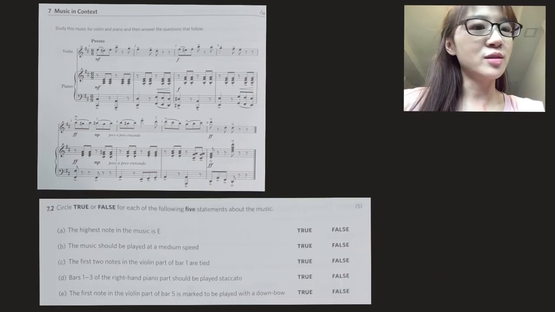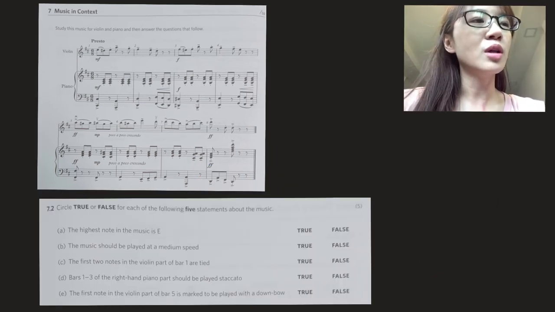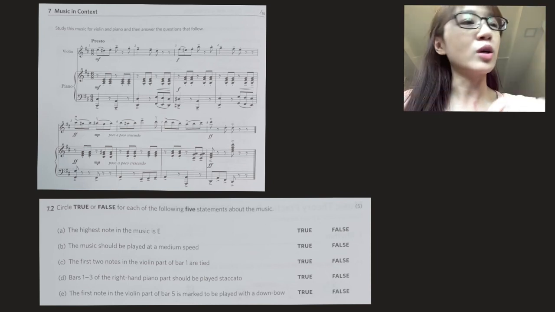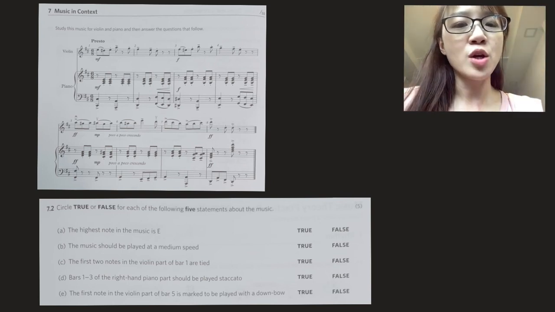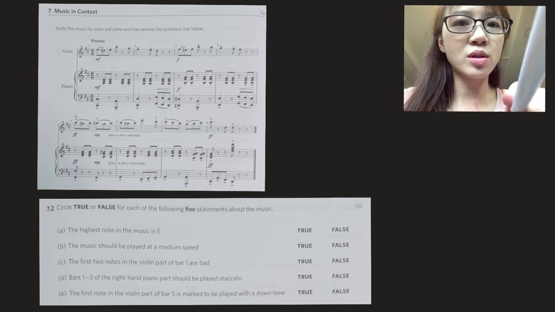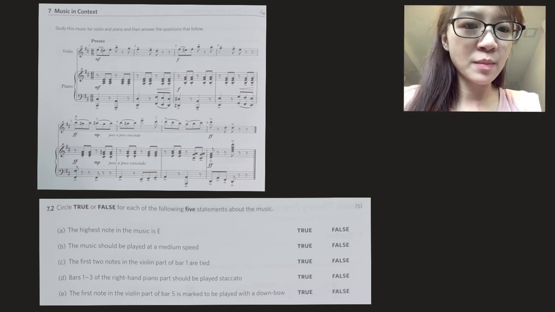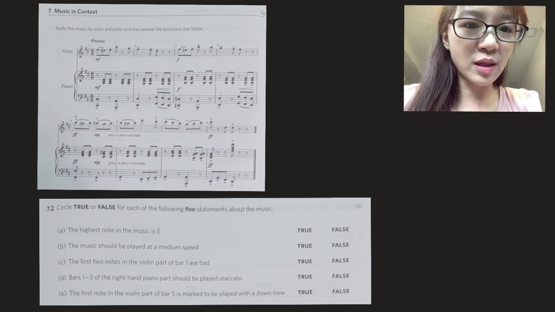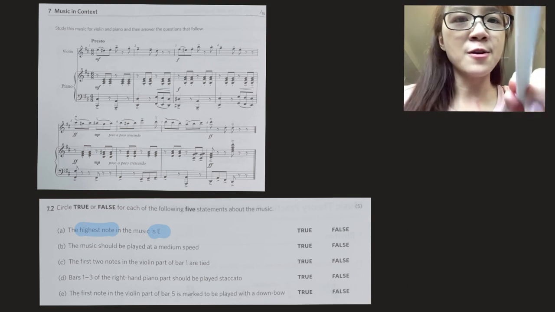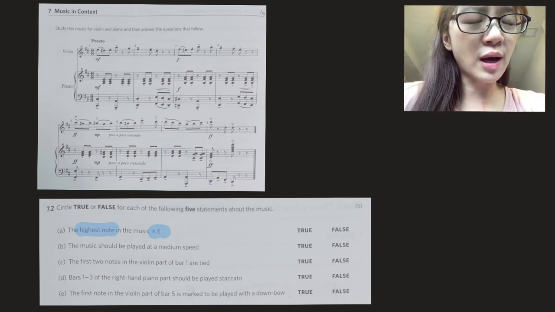For this question, this is about your general knowledge. According to your general knowledge, answer this question. So the highest note in the music is E. We will check the highest note here.